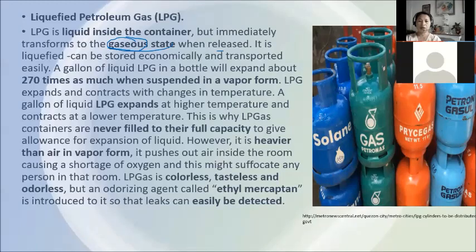May allowance ito for expansion kasi ang gas madali lang mag-expand or madali lang mag-contract, no? Due to change in temperature. So at high temperature, madaling mag-expand. No, gas would expand. At low temperature, contracts, no? So that is why hindi ito puno, may allowance ito para sa expansion.